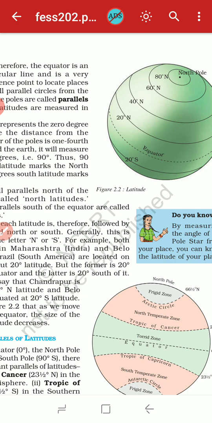When we look at our earth with latitudes, we see their positions are on the same latitude, but Brazil comes in the southern hemisphere while Maharashtra comes in the northern hemisphere.